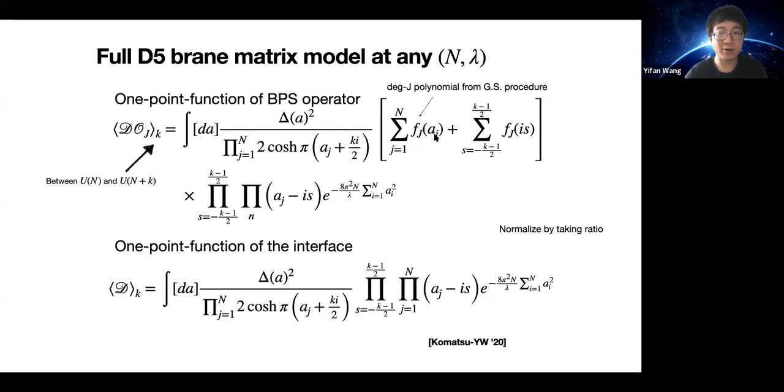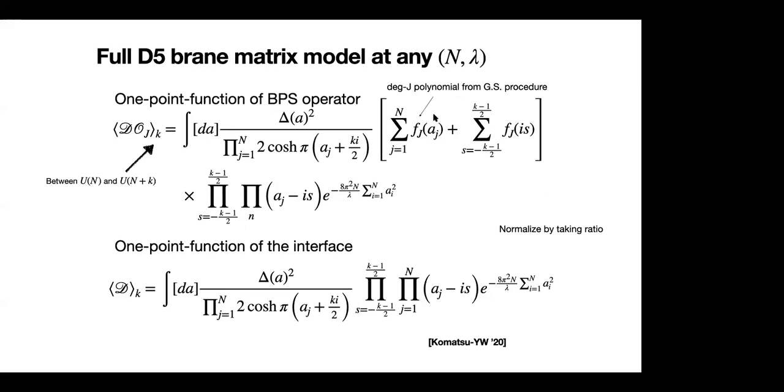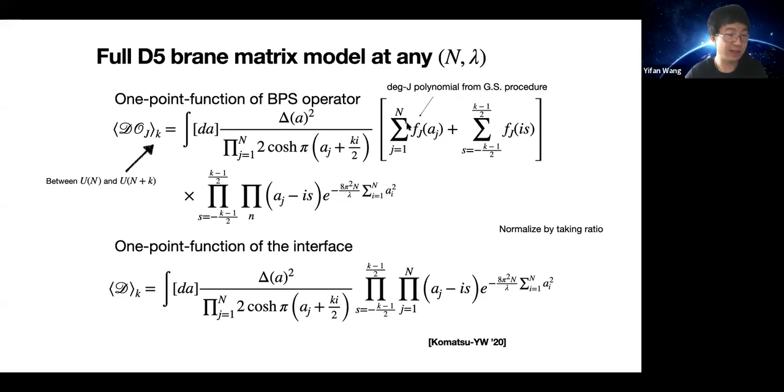Here a_i or a_j are the eigenvalues of this Hermitian matrix. This Delta(a) is the familiar Vandermonde determinant. And this insertion in the square bracket is basically coming from the insertion that we started with. It's a degree J polynomial in its eigenvalues a_j, and it's related to the usual Chebyshev polynomial by the Gram-Schmidt procedure.